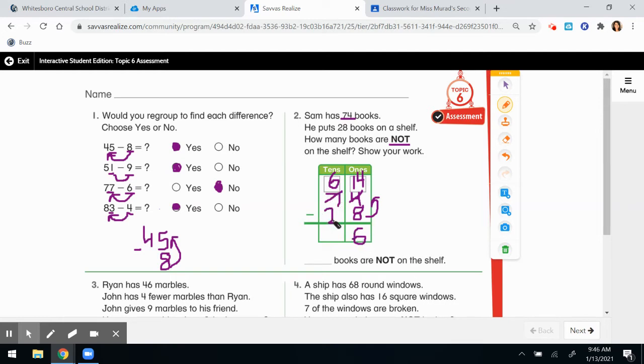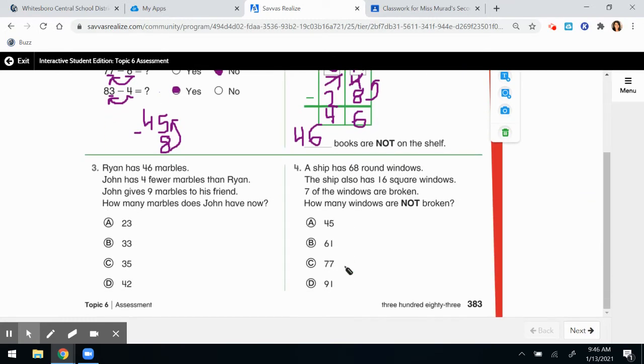And 6 minus 2 is 4. So there are 46 books not on the bookshelf. You could always pause if you need to.